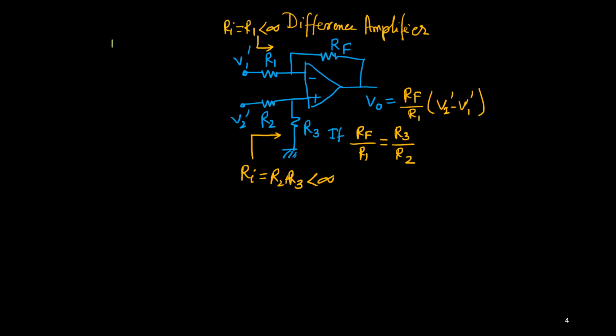Suppose this is the op amp, and here two op amps we need to use. This is negative, this is positive, this is positive, this is negative. Be careful, because I need always negative feedback.